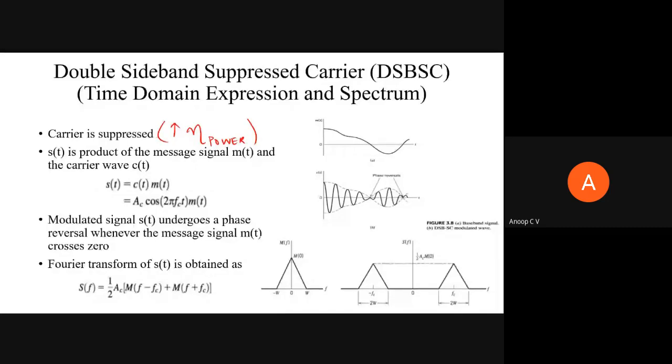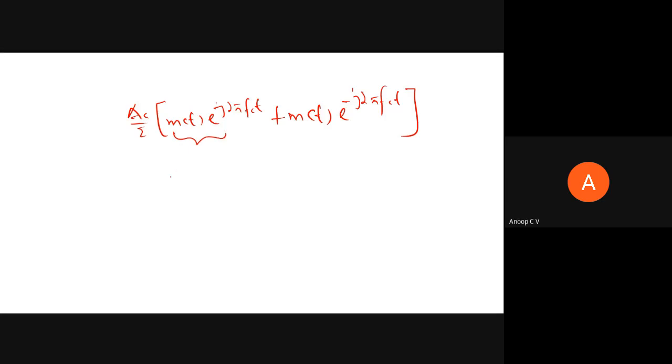Sorry, fine. Again, Ac by 2 times m of t times e power j 2 pi fct plus m of t times e power minus j 2 pi fct. So by frequency shifting property, the Fourier transform of this will be M of f minus fc.